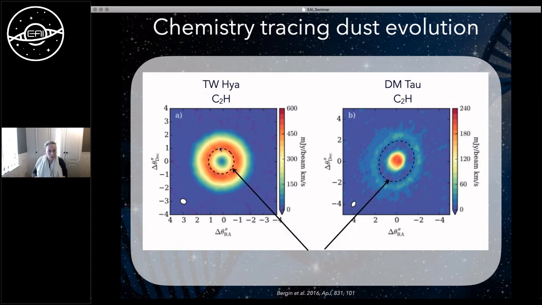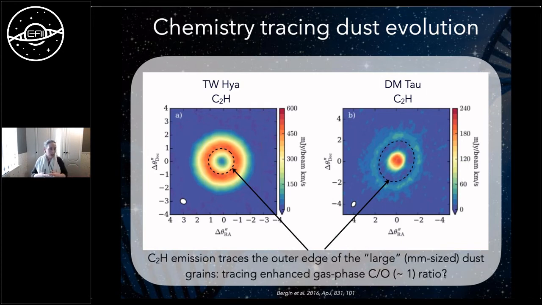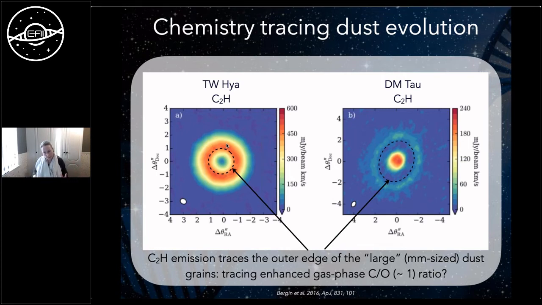And if I just draw again on a line, what these two dashed ellipses show you is actually the spatial extent of the continuum emission at millimeter wavelengths, or if you like, the spatial extent of the millimeter disk, so where the millimeter grains are. And it appears that this particular molecule lights up, it starts emitting quite strongly just outside of the pebble disk or of the millimeter disk.